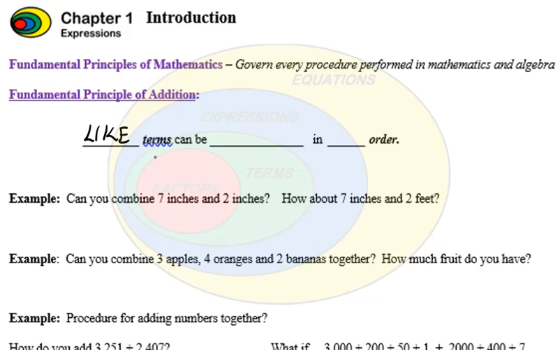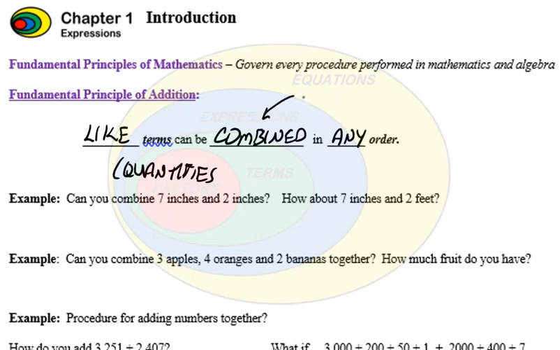Now, terms we're going to discuss later, but we could say quantities here too, can be combined in any order. So again, the word combined, we want to think right now, basically means add together.